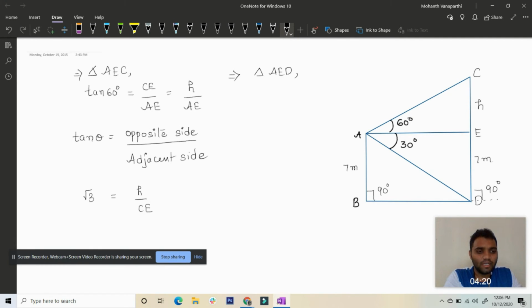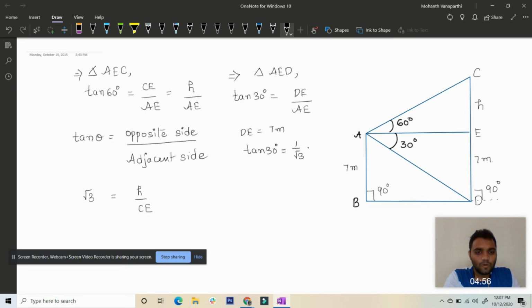Again applying the trigonometric ratio in triangle AED, tan 30 degrees is equal to the opposite length divided by the adjacent length, which is DE divided by AE. From the given data, the length of DE is equal to 7 meters and the value of tan 30 is 1 by √3.